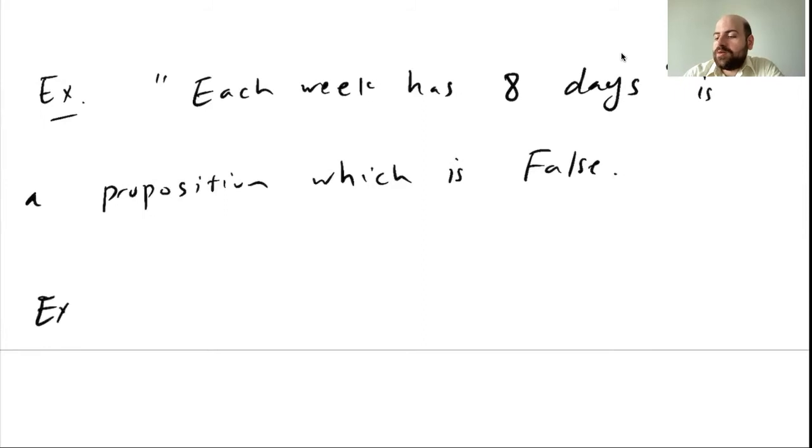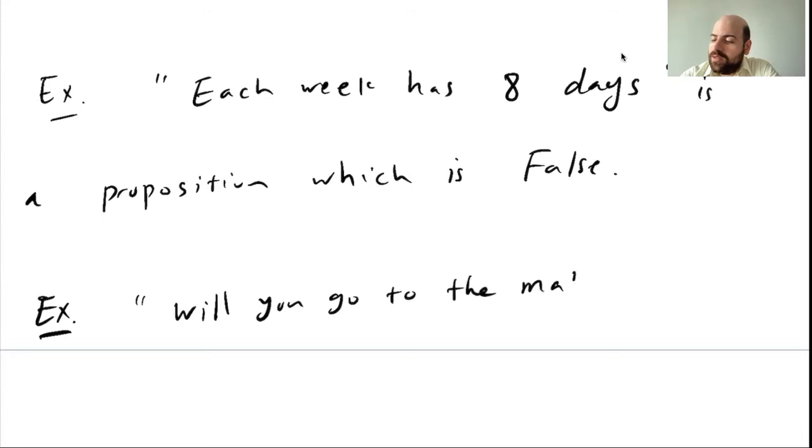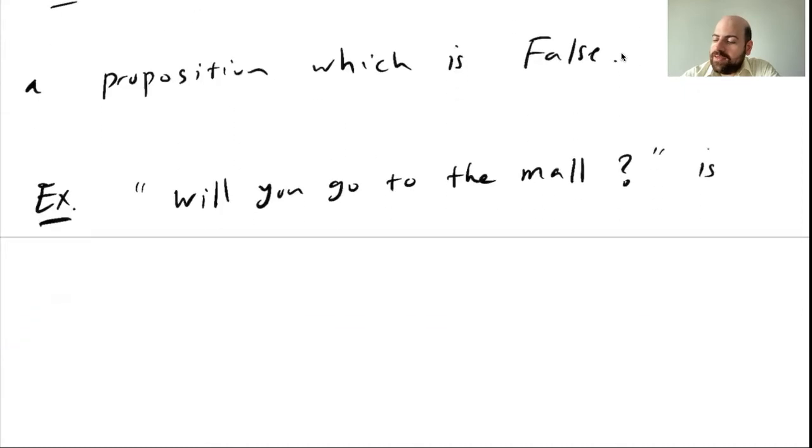Another example: we said if I ask a question, then that cannot be considered a proposition. So for example, will you go to the mall? This one is not a proposition.